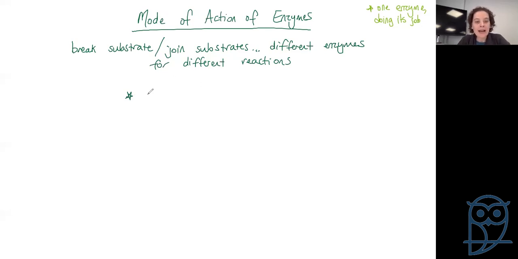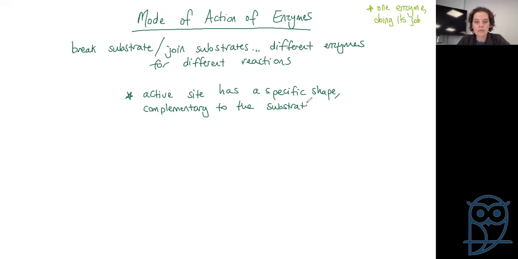So the active site has a specific shape complementary to the substrate. A note on being technical and accurate: it's not the enzyme that's complementary to the substrate, it is the active site that is complementary to the substrate. Complementary means we can fit together.